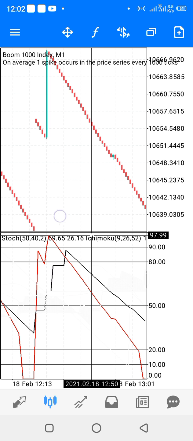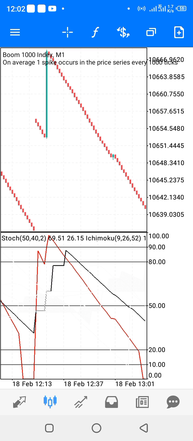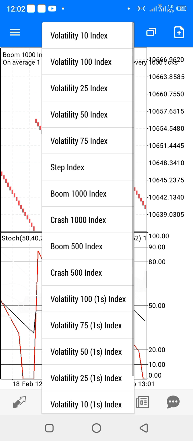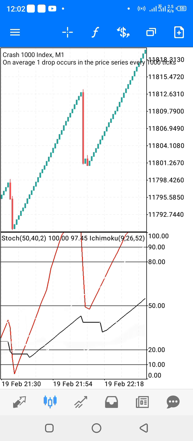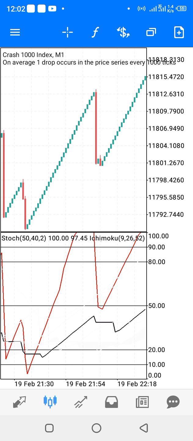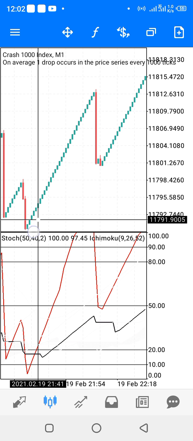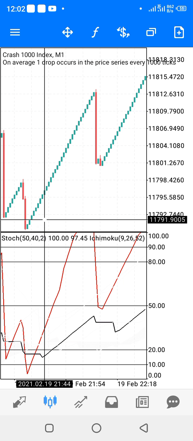It can also work perfectly with Crash 1000 or Crash 500. It's the same thing. If you come down here within the 20 and the 10, you could see that it has crossed here. The moment you see that it crosses just like this, the red line coming up like this and the black line down just like that, when the black line is down and the red is on top, that means it is going to go up in a very long trend.